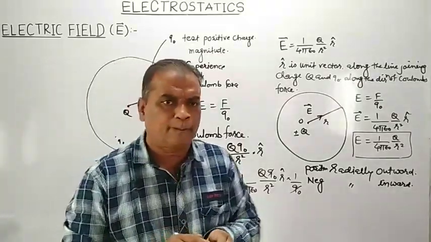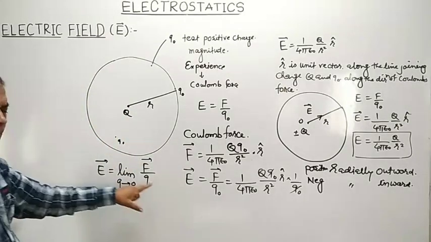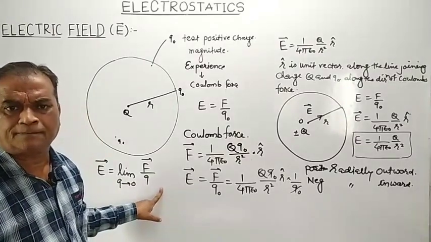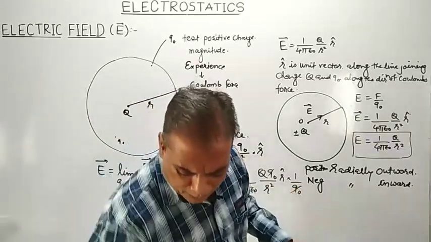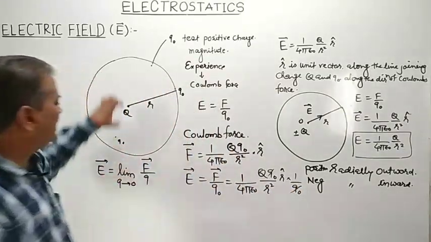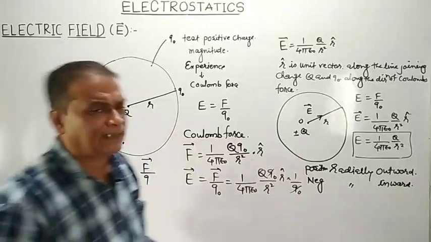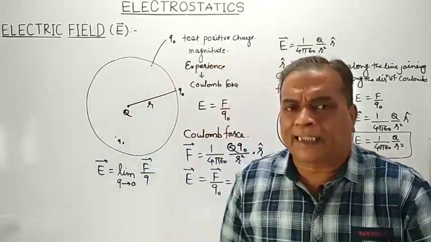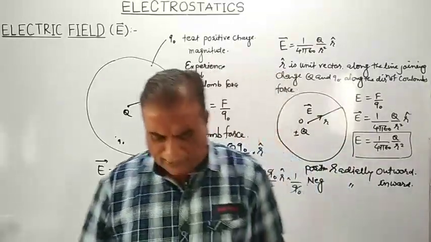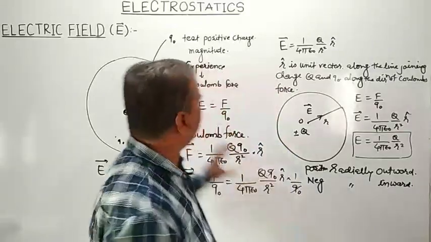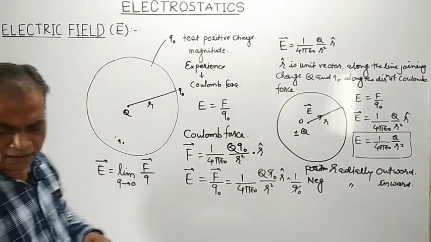Electric intensity is the Coulomb force experienced by a test positive charge in presence of a given charge at a given distance. And how will you define the test charge? Test charge is a positive charge whose magnitude is so small that it does not affect the surrounding of a given charge.